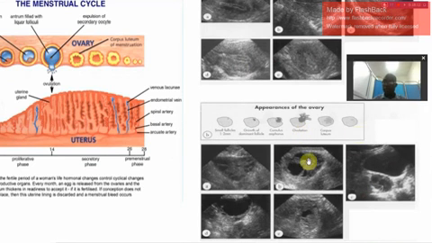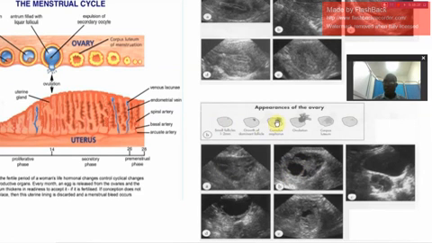Then we have this showing normal follicular maturation at this stage. So these are the small follicles, 1 to 2 millimeters here, and this shows growth of a dominant follicle. So this one is becoming dominant.